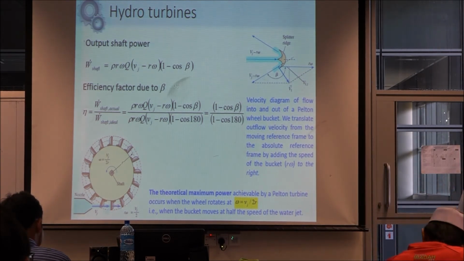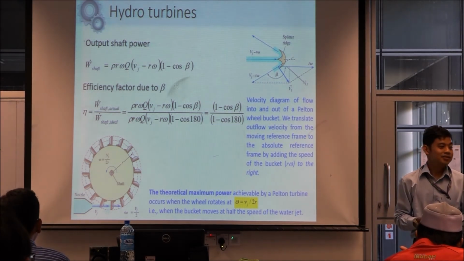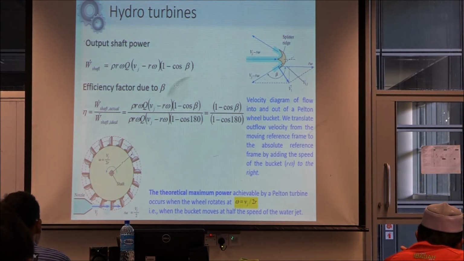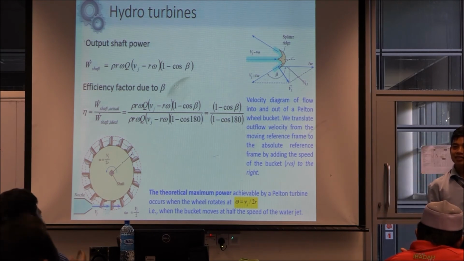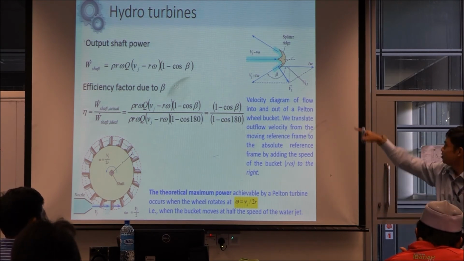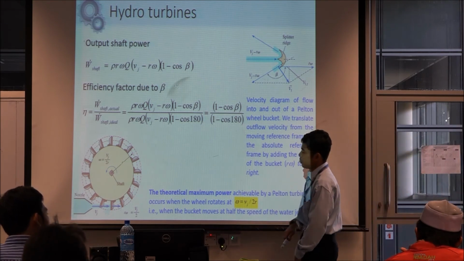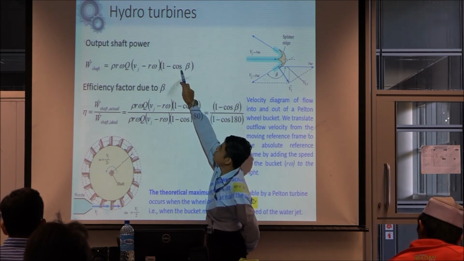If you want to get the power, it will be F times radius, this thing becomes tau times omega power. So it becomes like this, and cos beta.